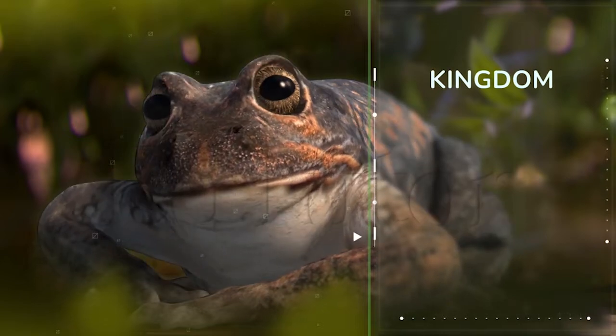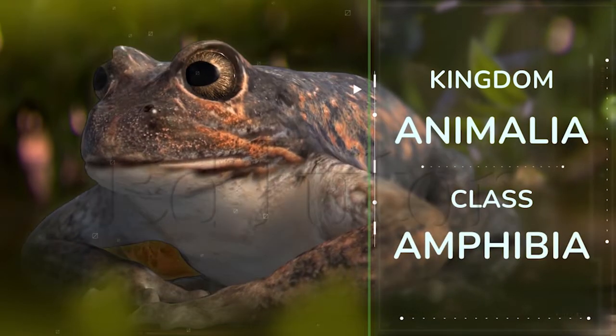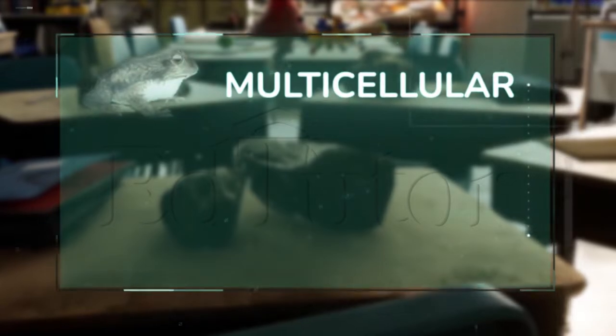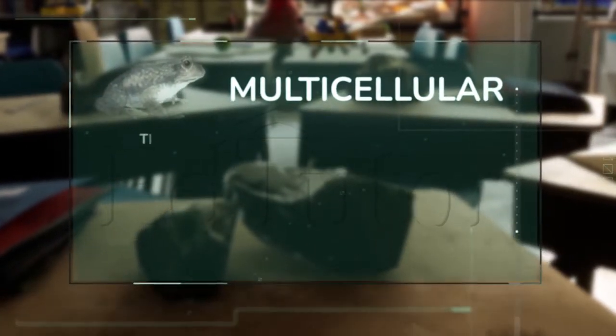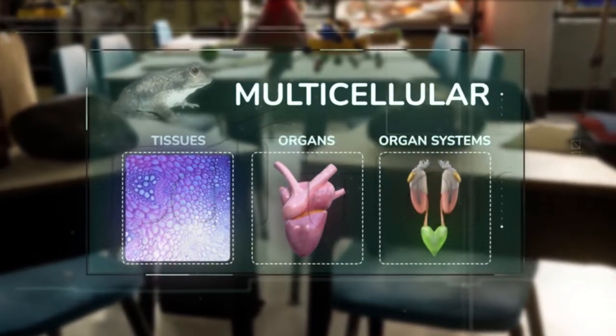Now, before we start that, let me give you a little bit of information about frogs. Frogs belong to the kingdom Animalia and the class Amphibia. They are multicellular organisms that have tissues, organs, and organ systems.